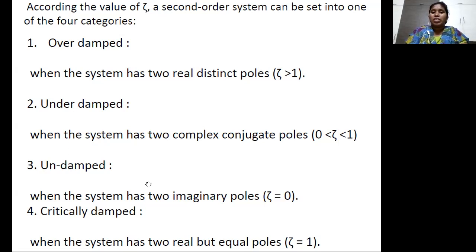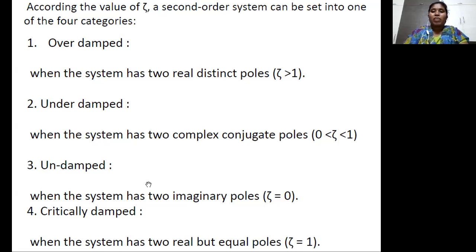And again here, based on the poles also you are classifying. What is meant by pole again? In the transfer function formula, if you consider the denominator term equal to 0, then what are the values you obtain for s?